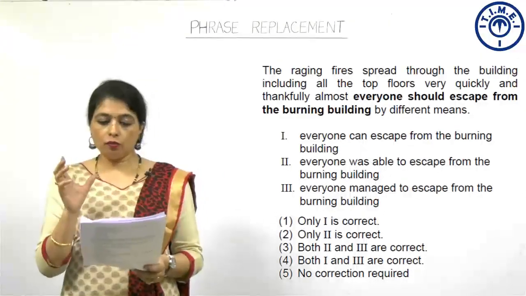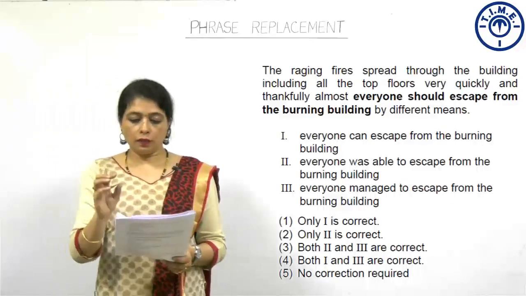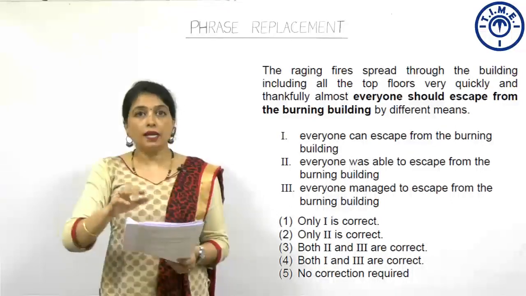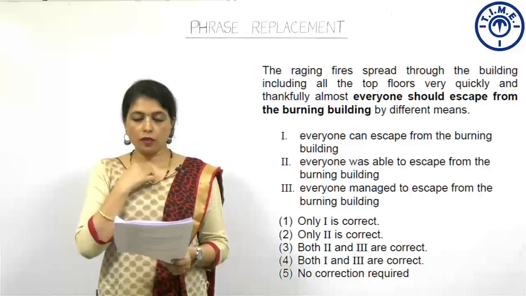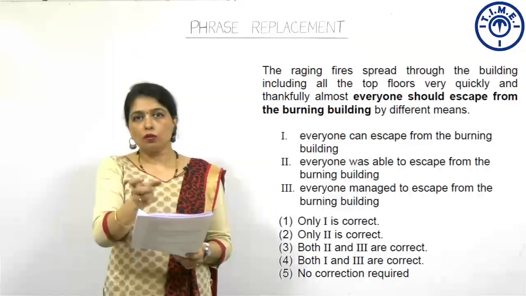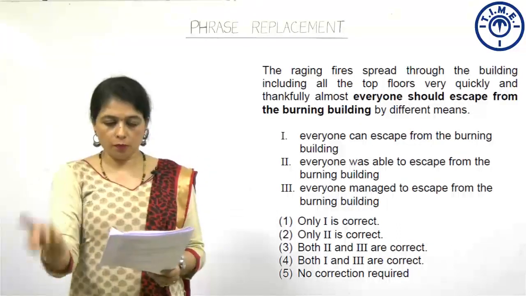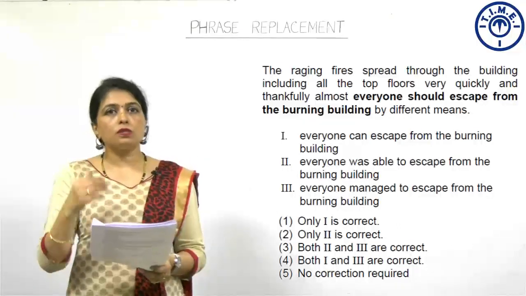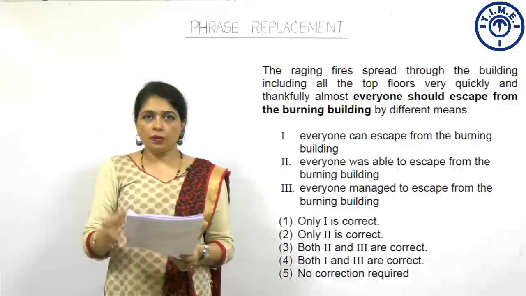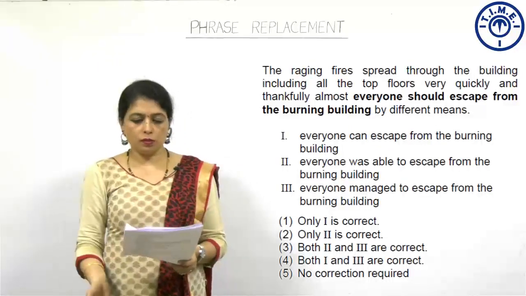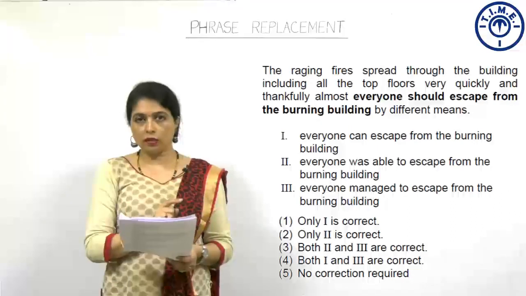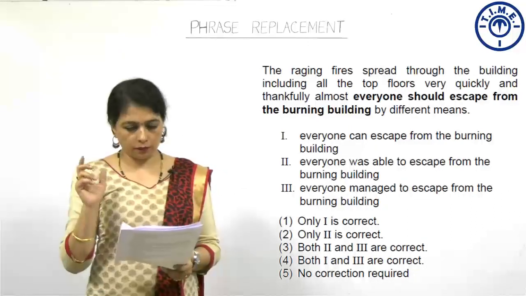Here "was able to" is considered a past form of "can," that is "could." Instead of using "could," the author has used the phrase "was able to." So it means it was possible to get something done, and in this case it was possible to escape the building. Fine, so we can go ahead with marking it as correct.